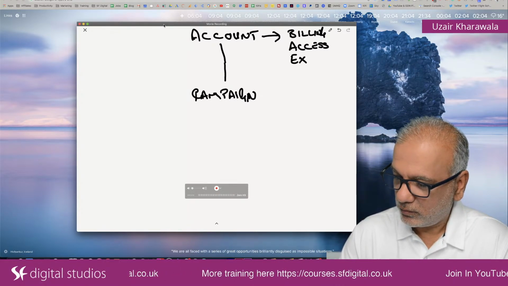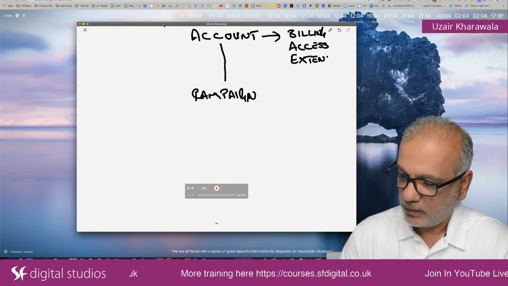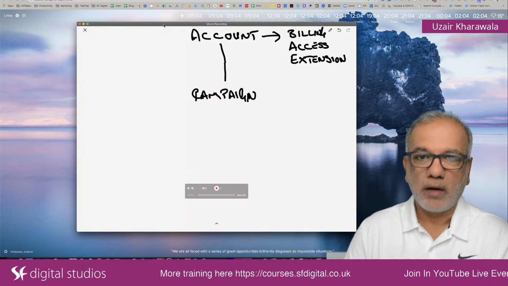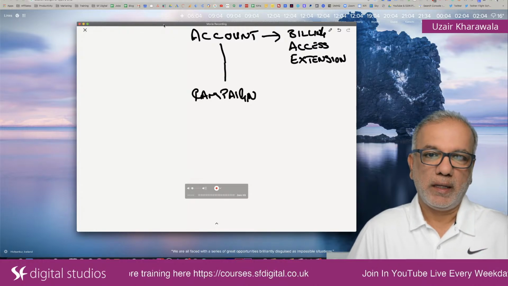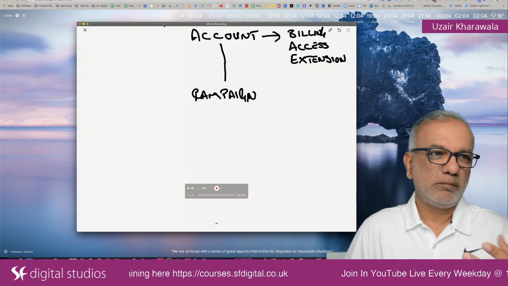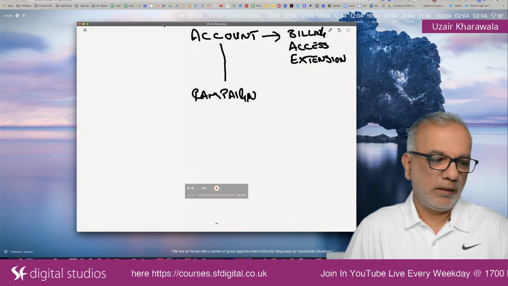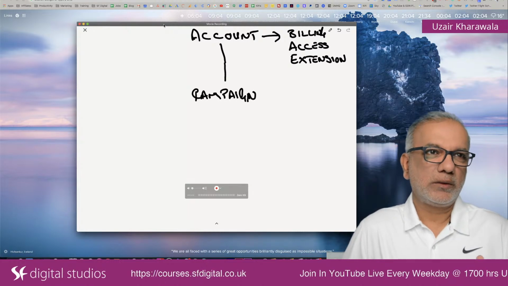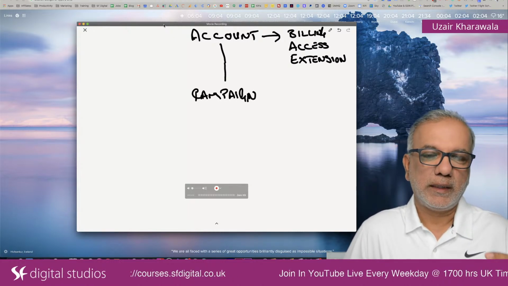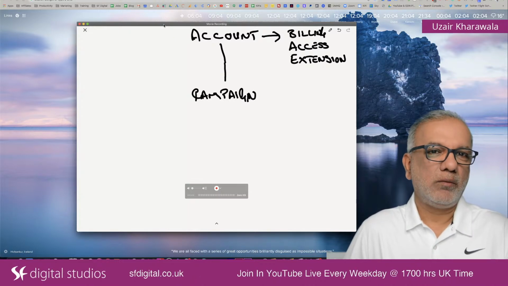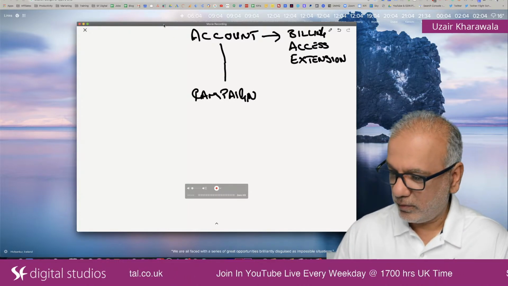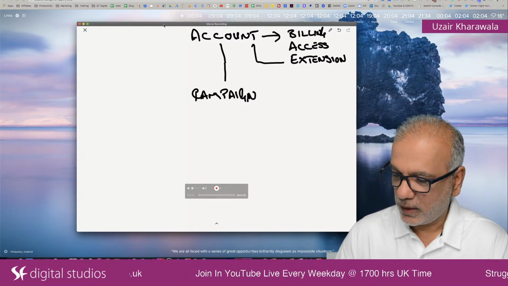extensions. Now this can be set up either at account level or at campaign level. But if you've got a small account and there's not a lot of difference with regards to certain extensions relevant to certain campaigns, then I would recommend that you set them up at the account level.